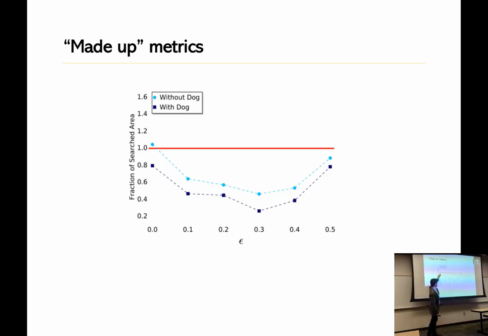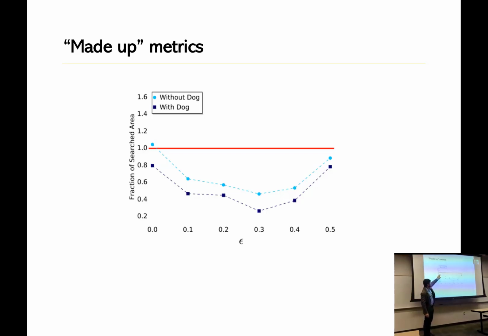And the domain experts also said, hey, if you have a dog, you actually get more bang for your buck because of the dog's sense of smell. They don't have to go everywhere. They're going to go off and find something effectively in the area you need to look at.